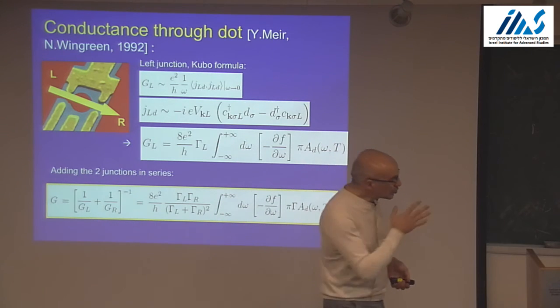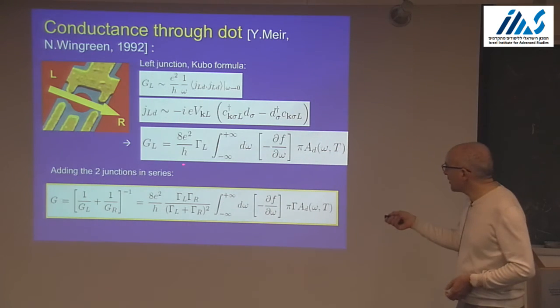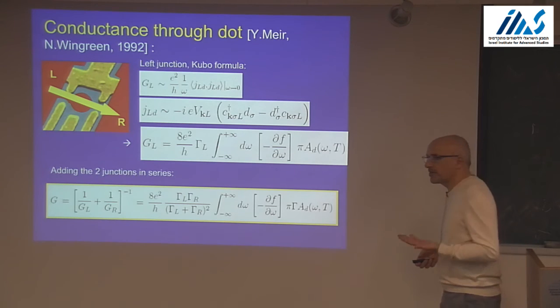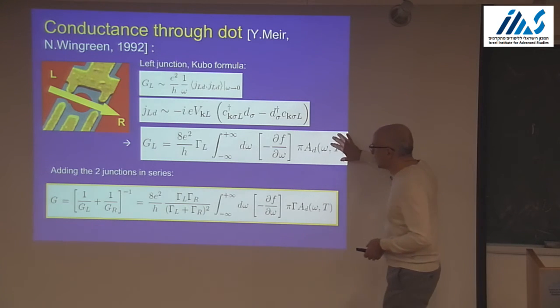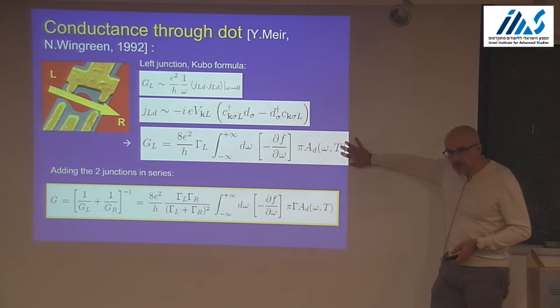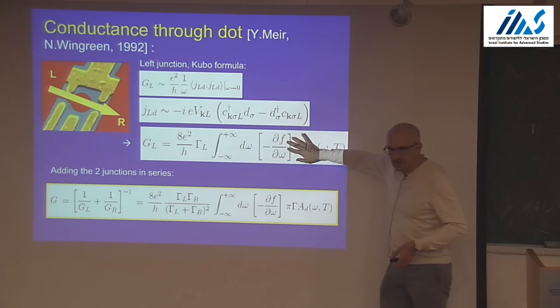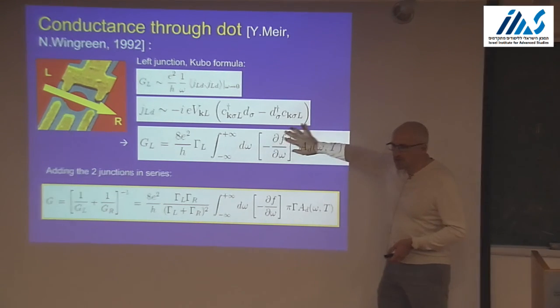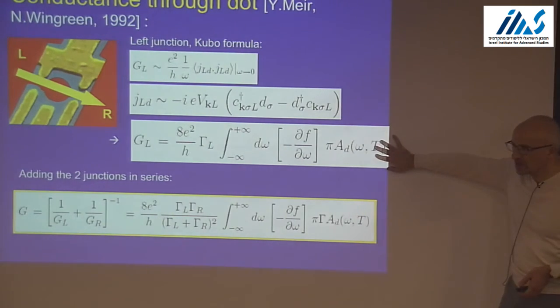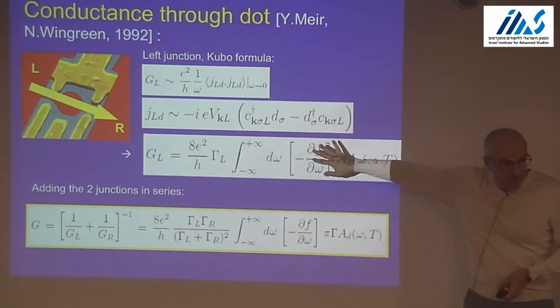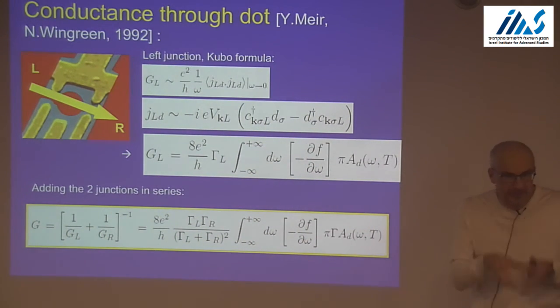And you should pause a little bit and look at this formula, which is very remarkable because it looks like a Landauer formula, right? An integral over energy of some difference in Fermi functions times some transmission coefficient, but it's really a Landauer formula which applies to an interacting system.